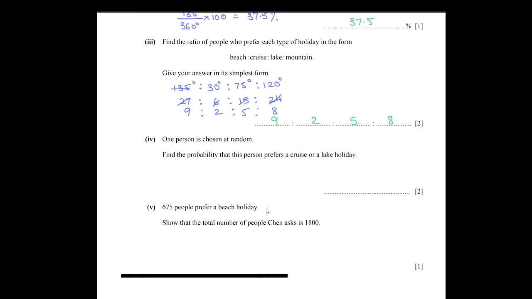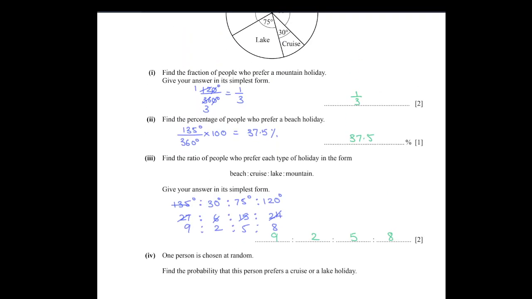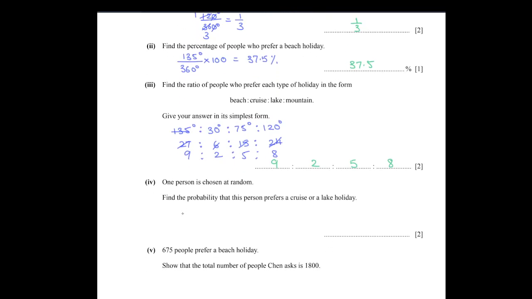Question number 4. One person is chosen at random. Find the probability that this person prefers a cruise or a lake. So now for cruise we have to take 30 by 360. You have to take the probability like the fraction we are taking for angle.